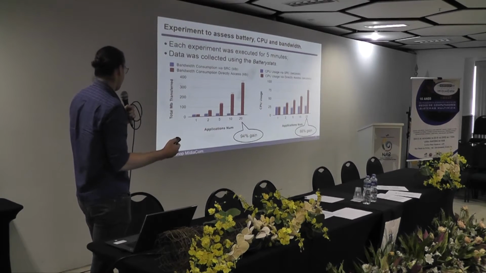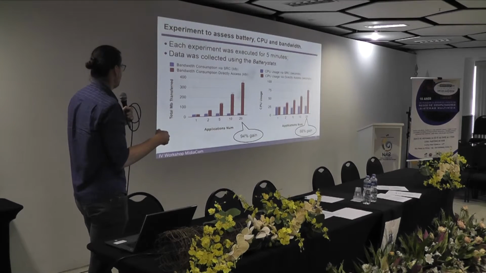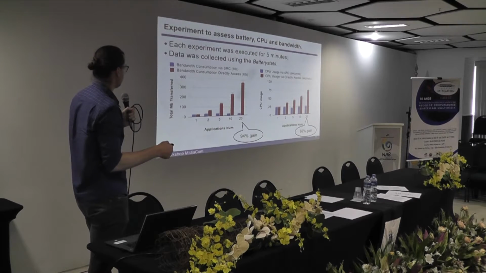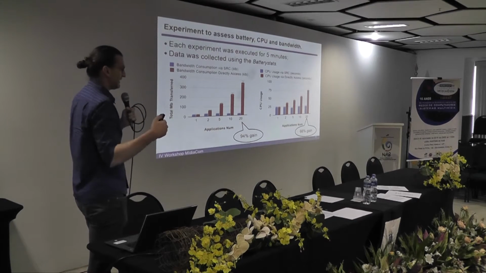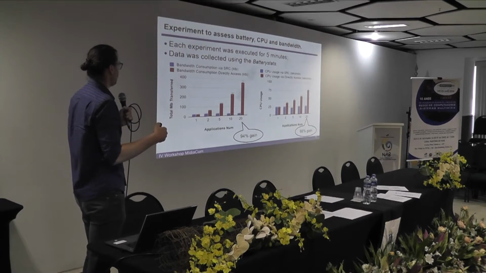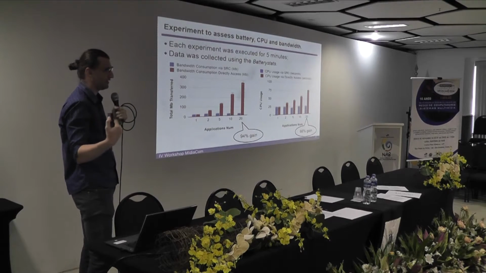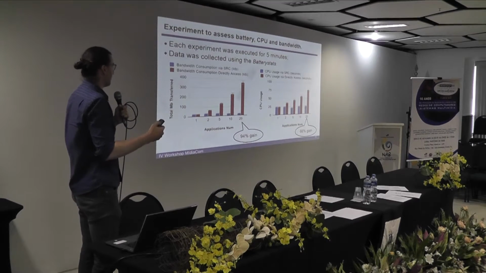And here we have the results. We ran each experiment for 5 minutes, and here we have the means of it. Data was collected on the device, and we used Battery Stats, software developed by the Android team.